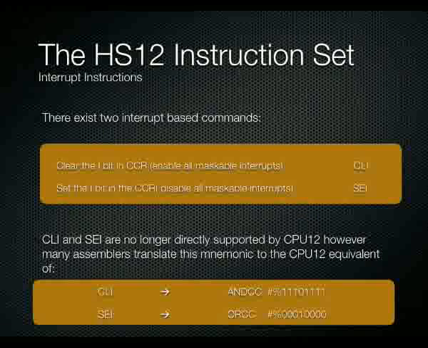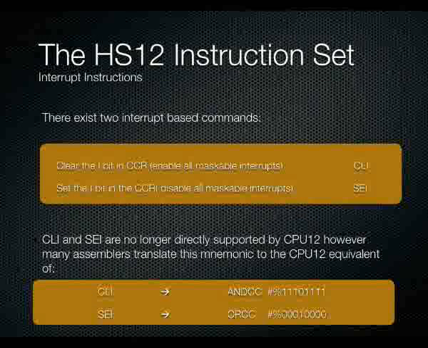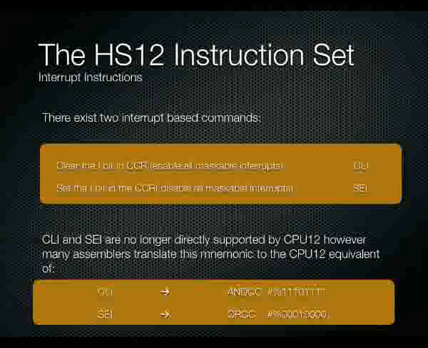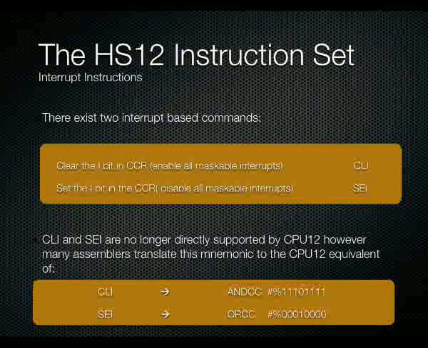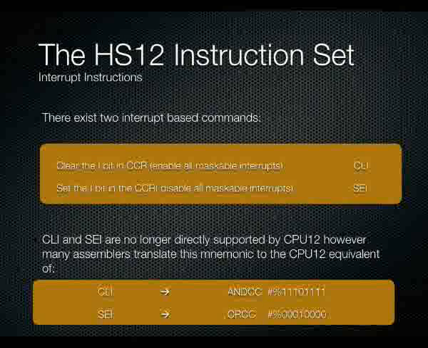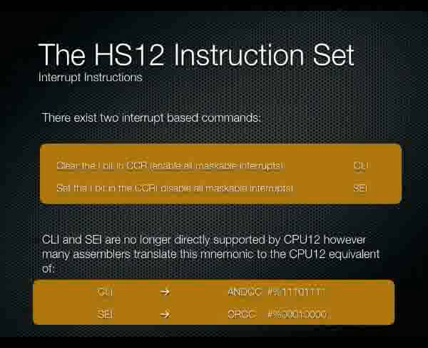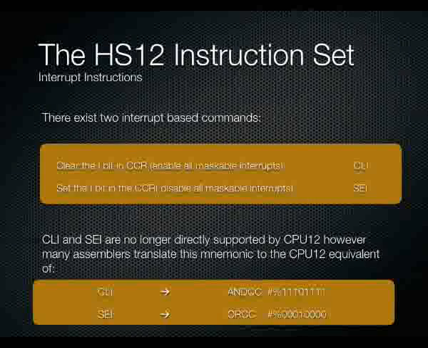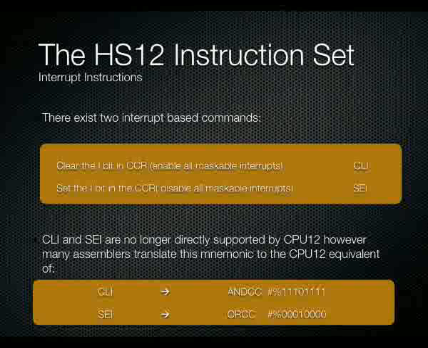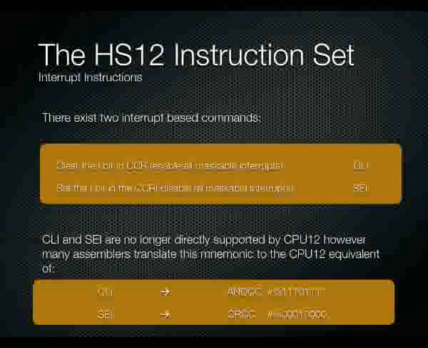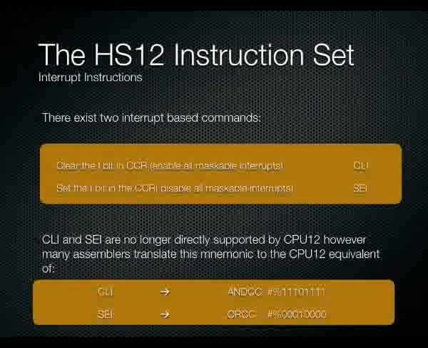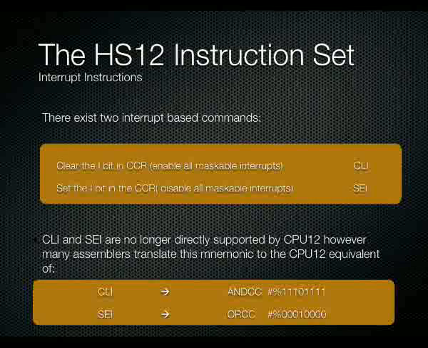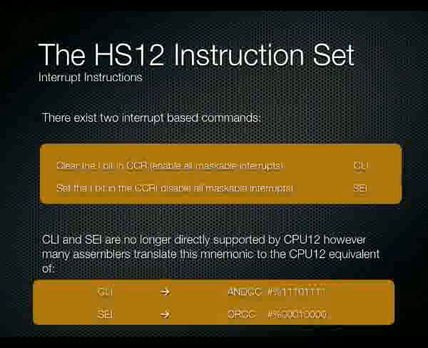The CLI and SEI commands aren't directly supported inside the processor, but the assembler will actually make the mapping for us from the CLI to the AND-CC command or the SEI to the OR-CC command. So it'll do that automatic mapping from the mnemonic CLI or SEI into the actual equivalent AND-CC or OR-CC commands that are required to do that properly.